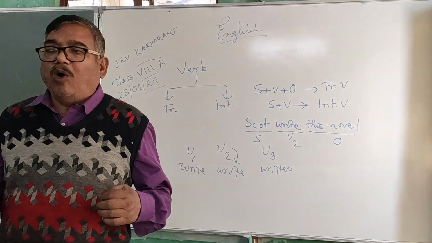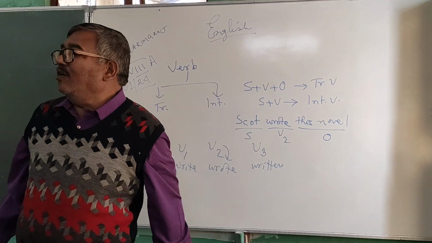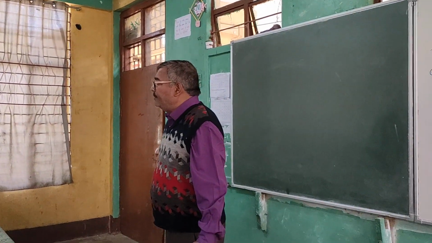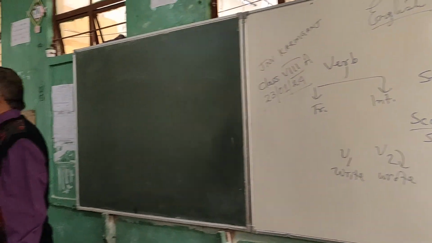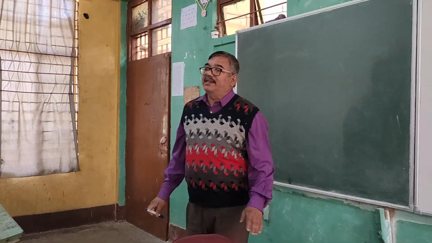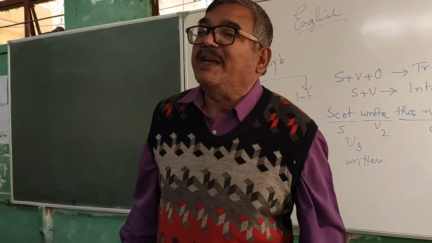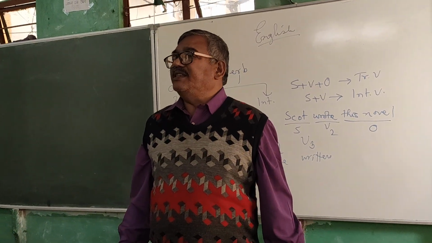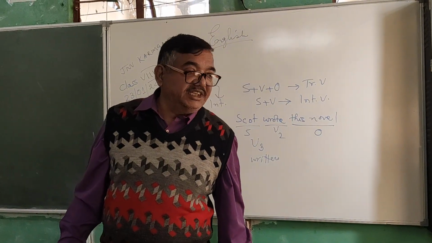Simple past tense, or the other name is past indefinite tense. And what did William Shakespeare write? If I ask you this question, the answer will be The Merchant of Venice, the comedy, the drama. So, The Merchant of Venice is the object. So, in this sentence, William Shakespeare wrote The Merchant of Venice, the sentence pattern is subject plus verb plus object. So, if the sentence pattern is subject plus verb plus object, the verb is a transitive verb.